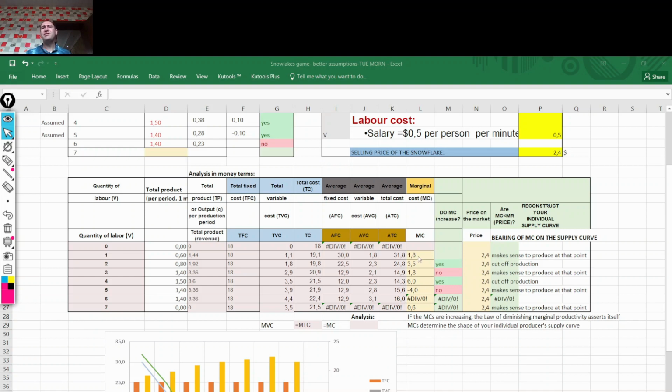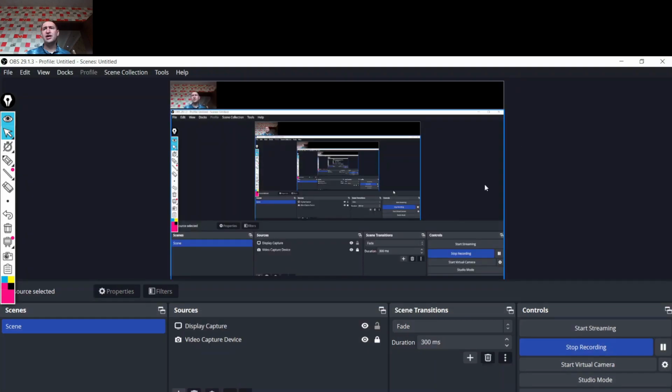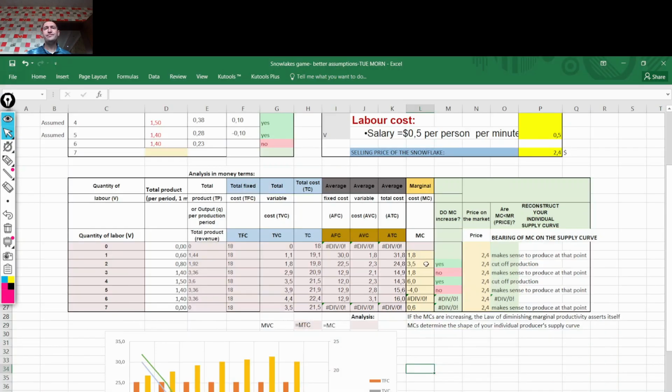A supply curve is your marginal cost curve. The marginal cost curve and your supply curve as an individual producer are the same curve. So the shape of your supply curve as an individual producer is determined by the shape of your marginal cost curve. You will see why shortly.